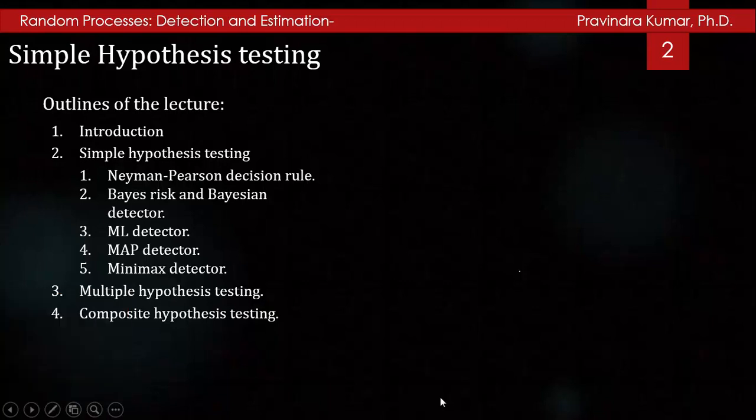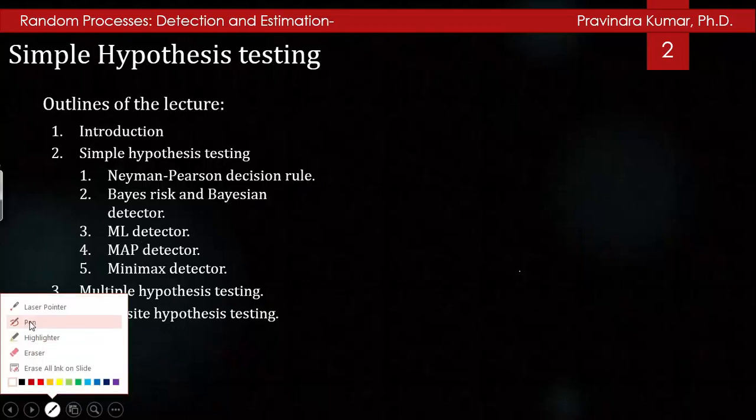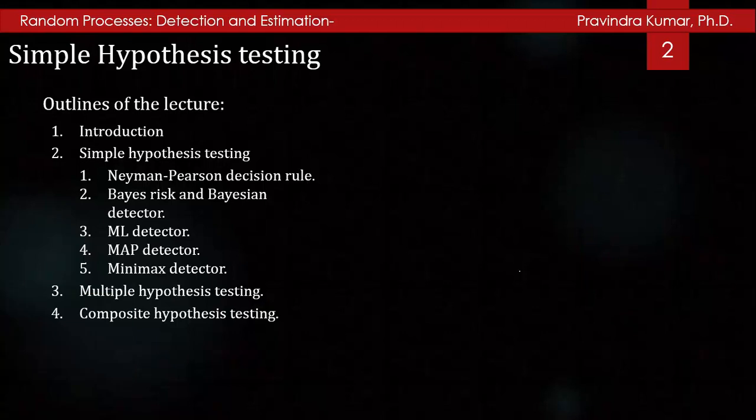In this lecture we will discuss simple hypothesis testing, which covers the Neyman-Pearson decision rule, Bayesian risk and Bayesian detector, the maximum likelihood detector, and the MAP (maximum a posteriori) detector. In this lecture we will concentrate only on the Neyman-Pearson decision rule.